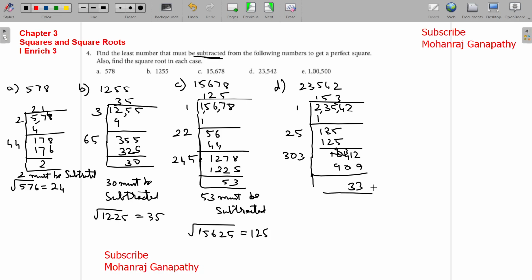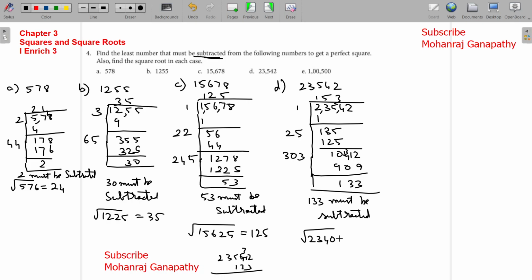So we need to subtract 133. 133 must be subtracted. Subtract 23542 minus 133, 23409. So square root of 23409 is equal to 153.